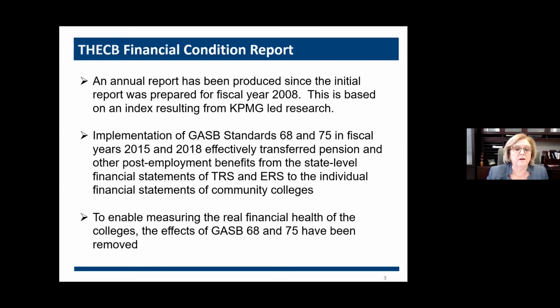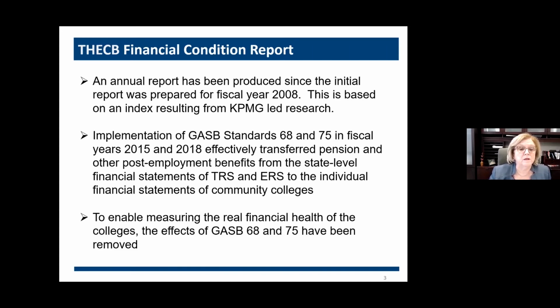It's not something that the college will ever have to pay at one time. So as you can imagine, recording those two huge future liabilities related to retirees took a heavy toll on many colleges' net assets. And in fact, many of them became negative in their unrestricted net assets due to these two statements.